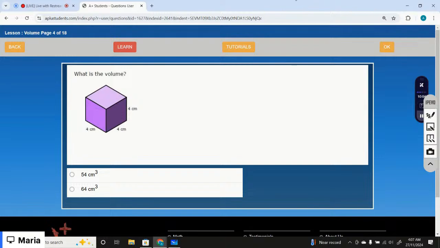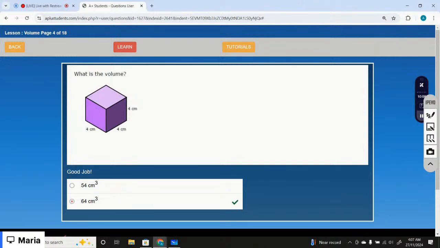The correct option is 64 centimeter cube. Option number 2 is the correct option.